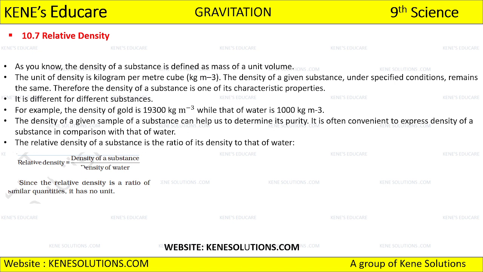It is the ratio of the density of the substance to that of water. So whatever substance we have, relative density will be equal to density of the substance upon density of water. Since relative density is a ratio of similar quantities, relative density has no unit. You need to know this, that relative density has no unit.